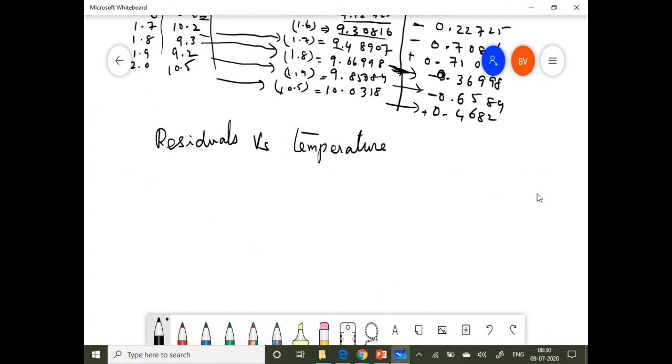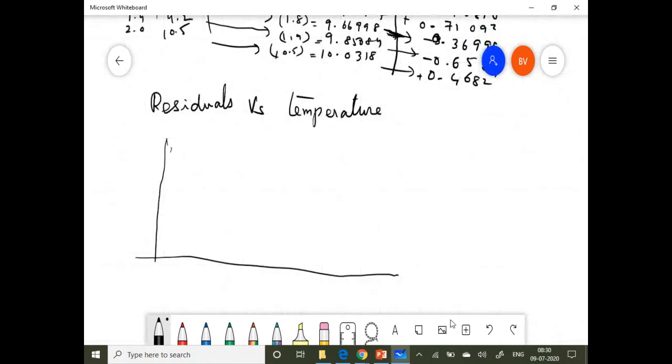Okay, I draw this one. Guys, it's a rough graph. Don't expect me to draw exactly. Okay, I can try.